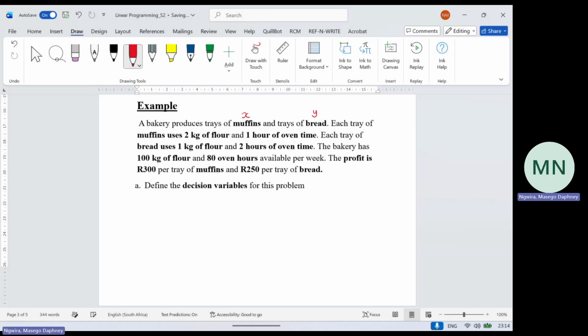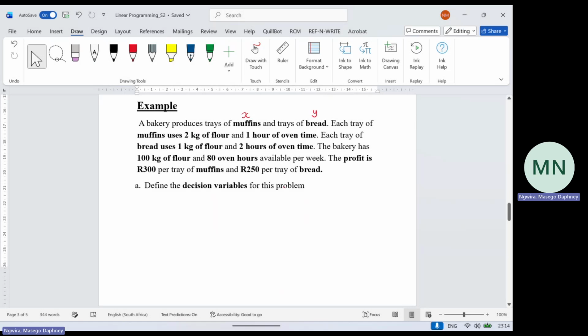All right, then they're saying that each tray of muffins uses 2 kg of flour and 1 hour of oven time. Already you know on your table you're going to have flour and oven time. And then they're saying that each tray of bread uses 1 kg of flour and 2 hours of oven time.